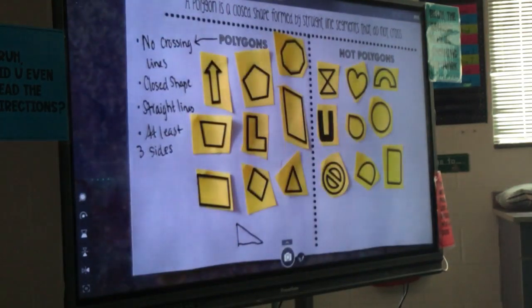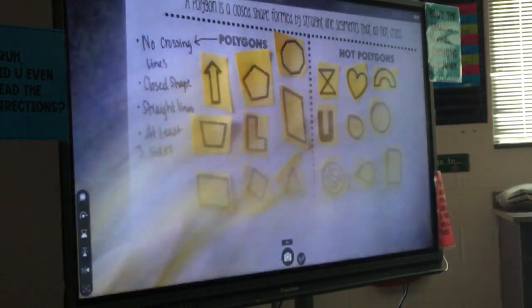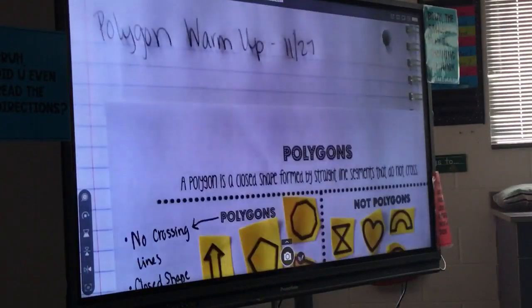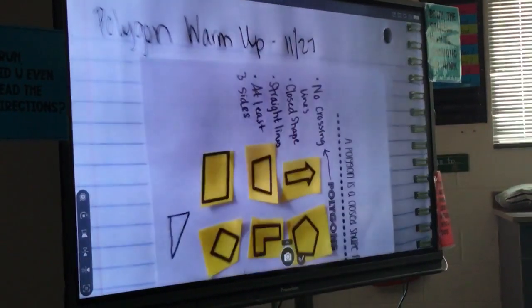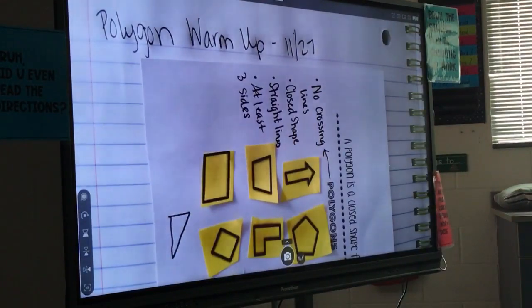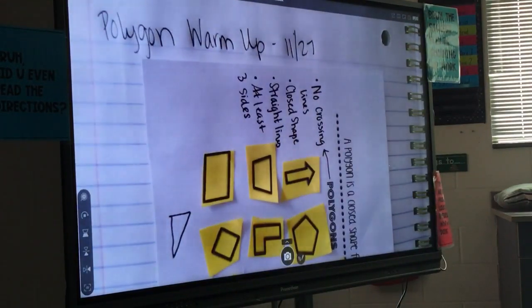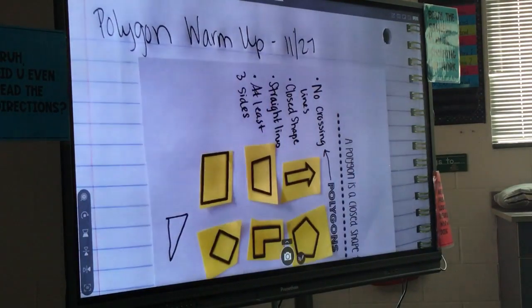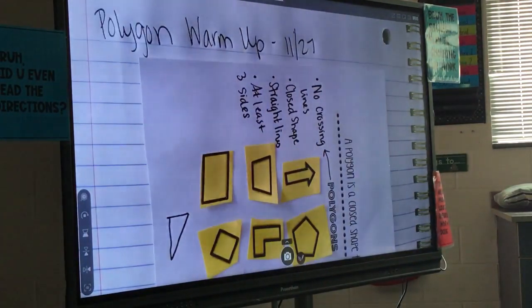All right, get out your notebooks. You need to title the next blank left page Polygons Warm Up and Today's Date. And then you can just turn this page sideways and glue it into your notebook. You are going to need some kind of highlighter, so please get that out.